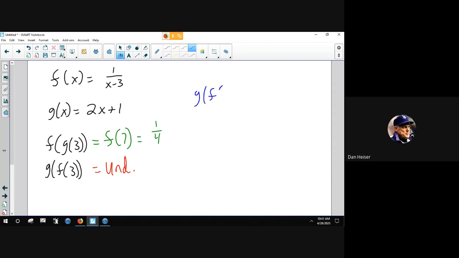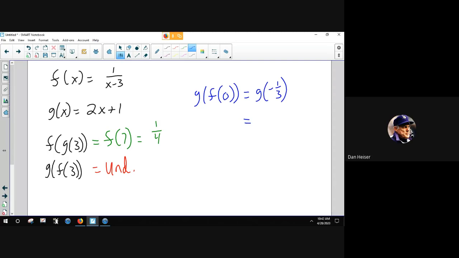g of f of, I'll just plug in 0. 0 is easy. This works. f of 0 is negative 1/3. Plug 0 into f, we get negative 1/3. And we can plug negative 1/3 into g. We get negative 2/3 plus 1.